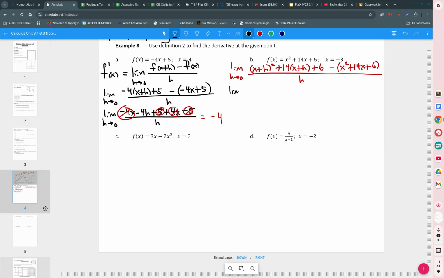So we have the limit as h goes to 0 of, what is x plus h quantity squared? x squared plus 2xh plus h squared. Good. So I multiplied that out. I have a 14x, I have a 14h plus 6 minus x squared minus 14x minus 6. We're okay with that?